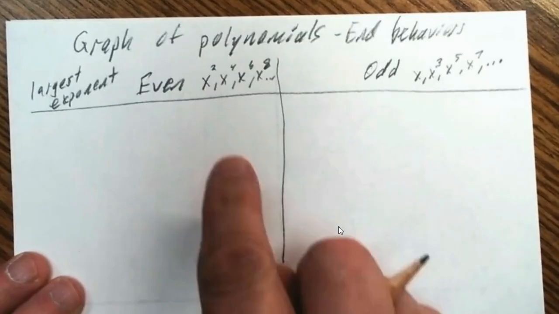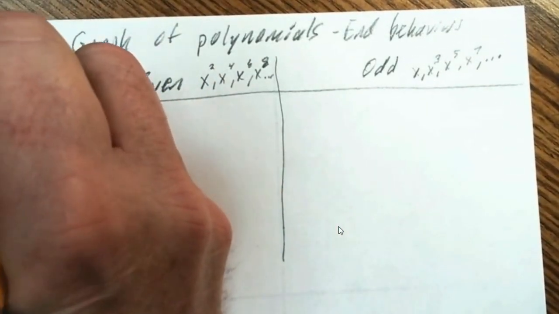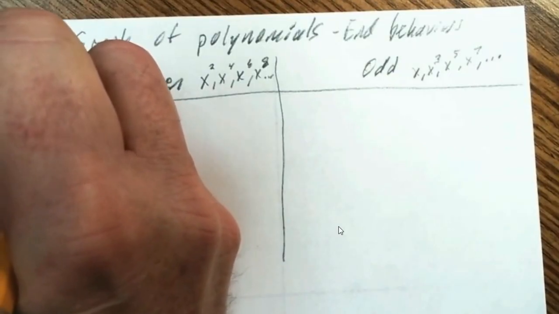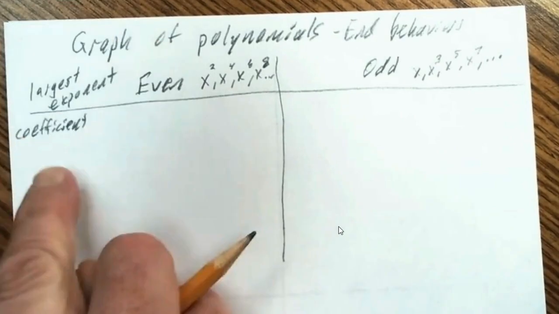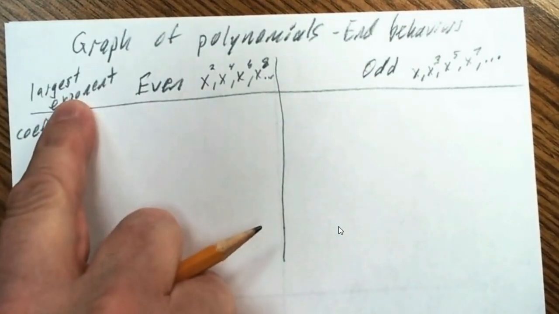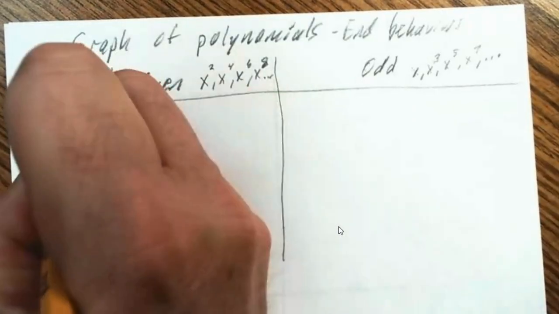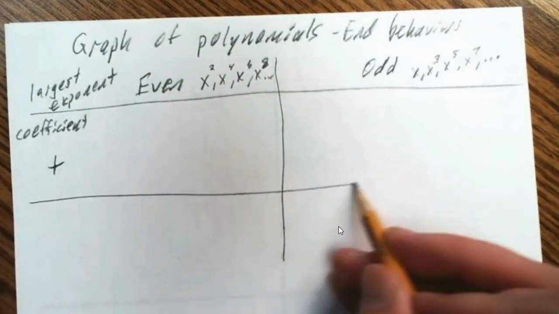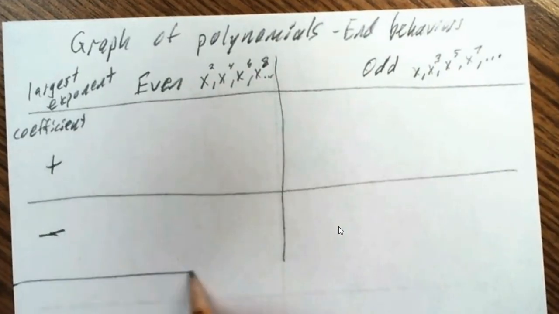So if it's even and we're talking about the coefficient for that largest exponent, the coefficient in front, positive or negative. That's really our two choices.